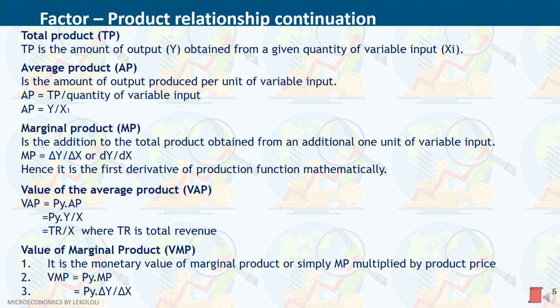Marginal product takes things a step further. It tells you how much more output you get from adding one more unit of the variable input. You can calculate it using the change in total product divided by the change in variable input, or in more mathematical terms, dy out of dx.